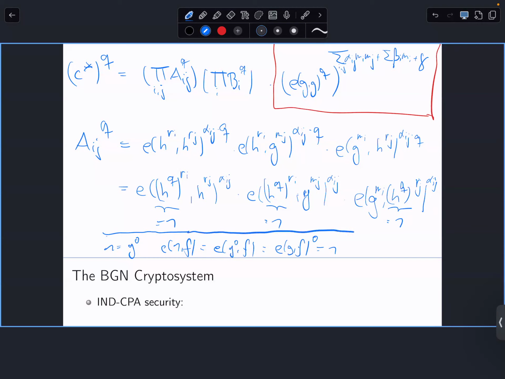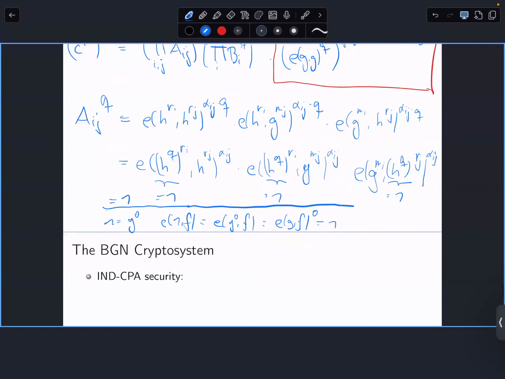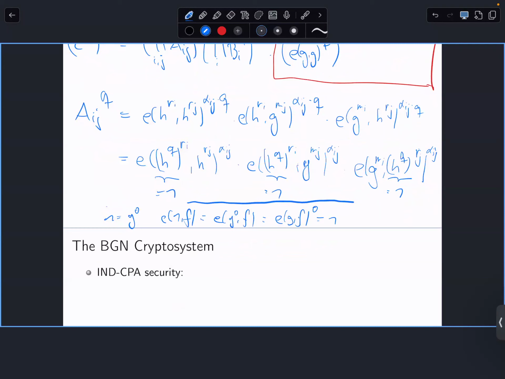So we have A_ij to the Q is 1, and likewise B_i to the Q is also 1, right?